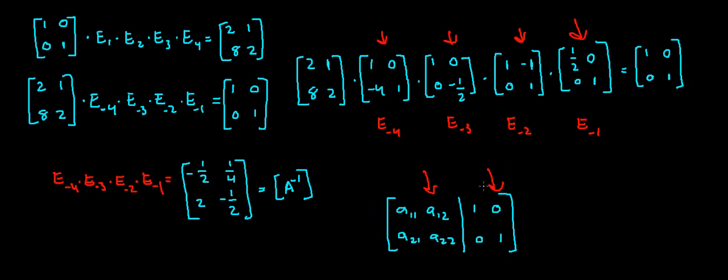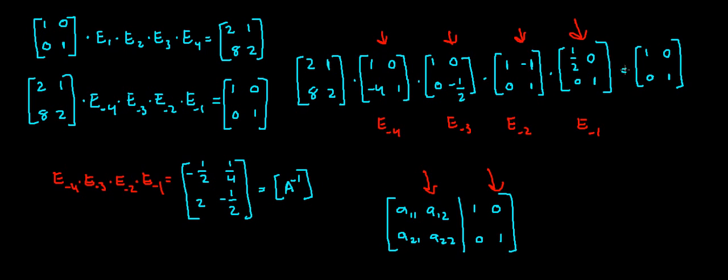At the same time, we perform these operations on the right side. And the whole point of this is that what we're really doing every time we perform one operation over here and over here is multiplying it by an elementary matrix. So someone can think of it as a multiplication of a series of elementary matrices, the opposite of E4 times E minus 3 to E minus 2, however someone wants to think about it.